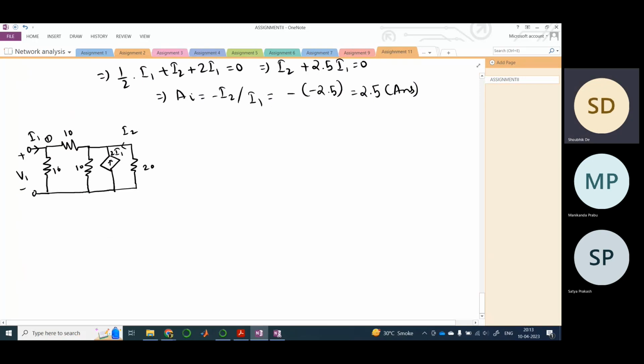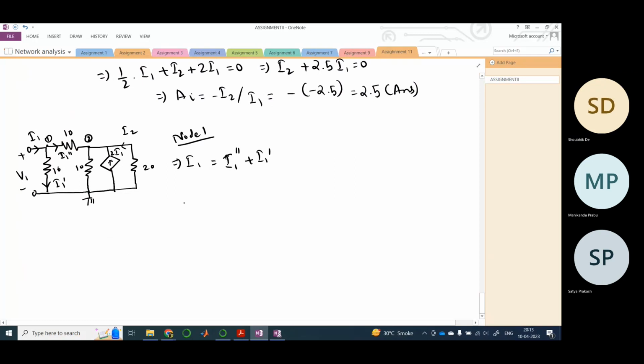So this is your port 1, this is your port 2, this is grounded. So let us apply. Node 1, not port, sorry, this is a node. Let us call this I1 dash and this is I1 double dash. So I1 is equal to I1 double dash plus I1 dash.